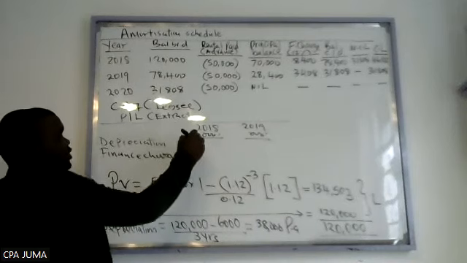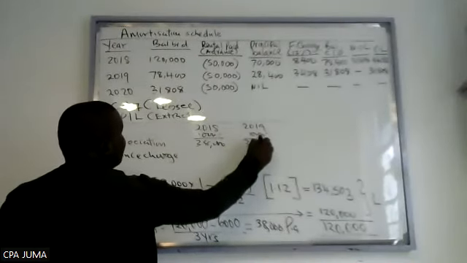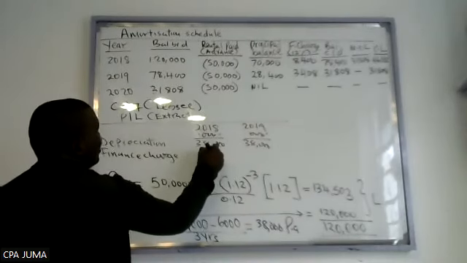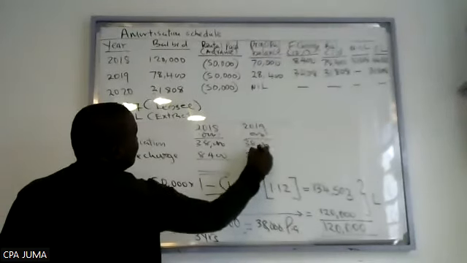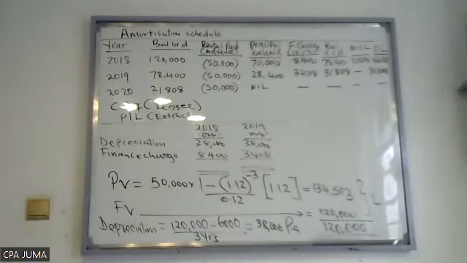Annual depreciation is 38. Finance charge, you pick from the table, 84, 34, 8. Like that. Do that work.